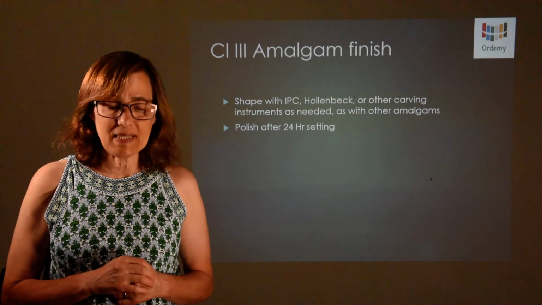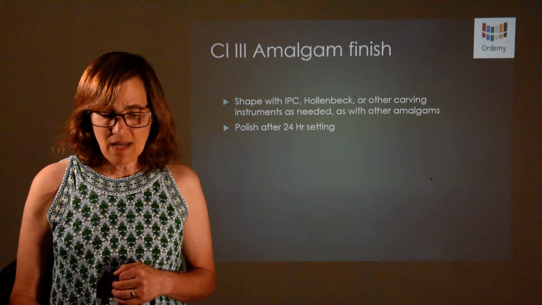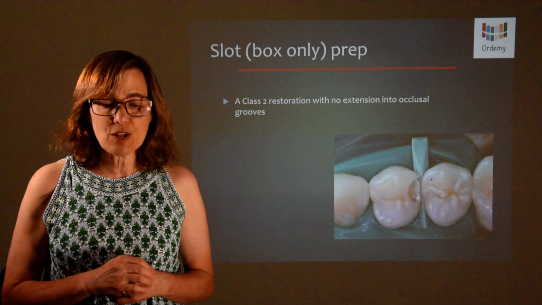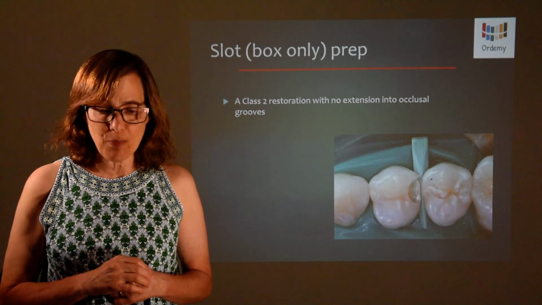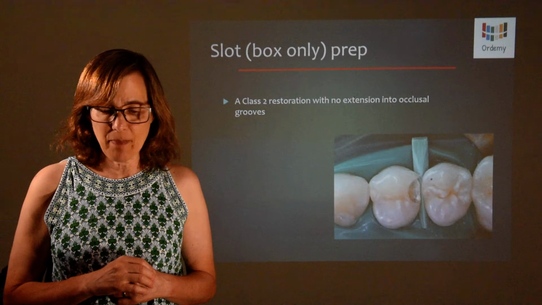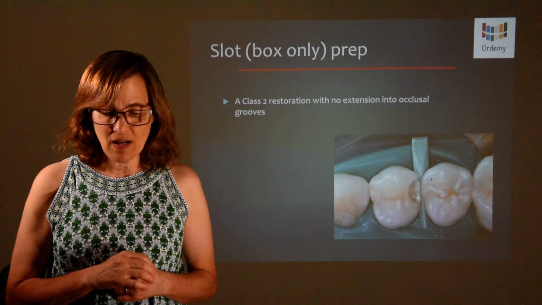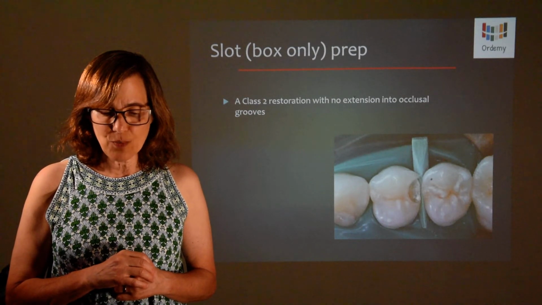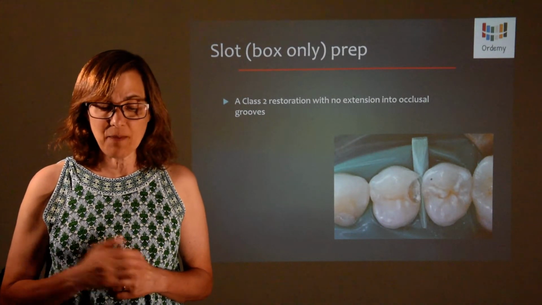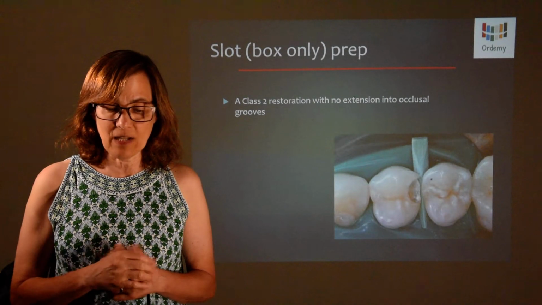Now I'm going to be discussing the slot or box preparation. As you can see, we have a bicuspid, and we have a wedge, this time coming from the facial to the lingual.